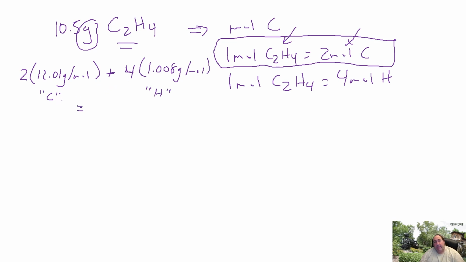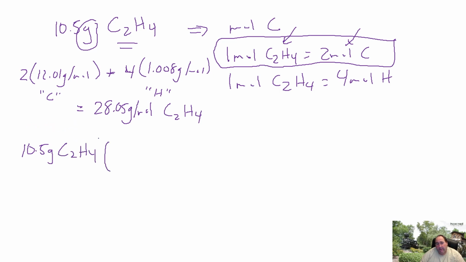And we'll add that together, and that will get us 2 times 12.01 plus 4 times 1.008. Going to give us 28.05 as our molar mass for C2H4. So taking our 10.5 grams of C2H4, using the molar mass as a conversion factor, grams on top.